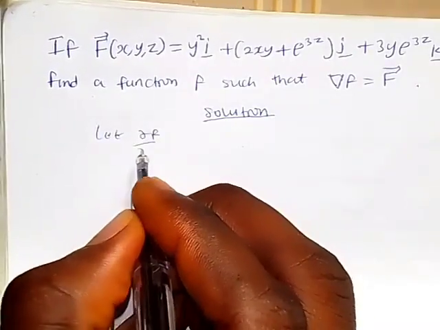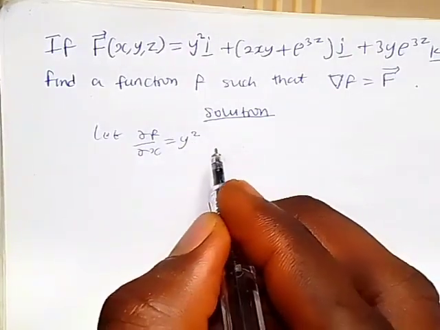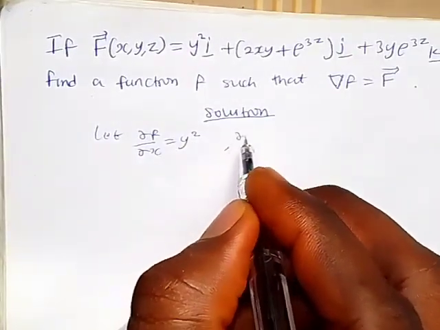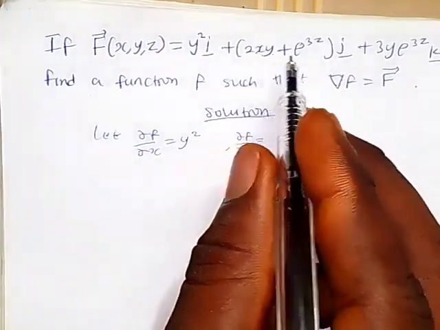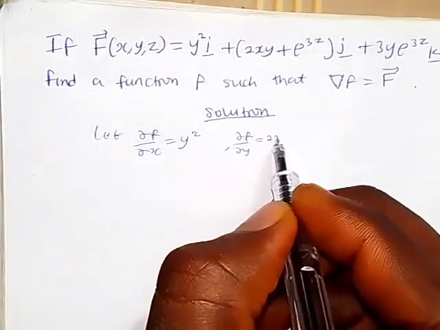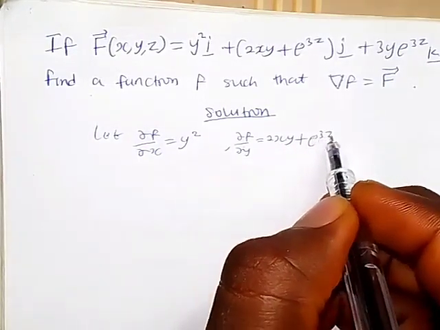Let's take partial f partial x to be equal to y squared, and partial f partial y to be equal to this guy. We have 2xy plus exponential 3z.